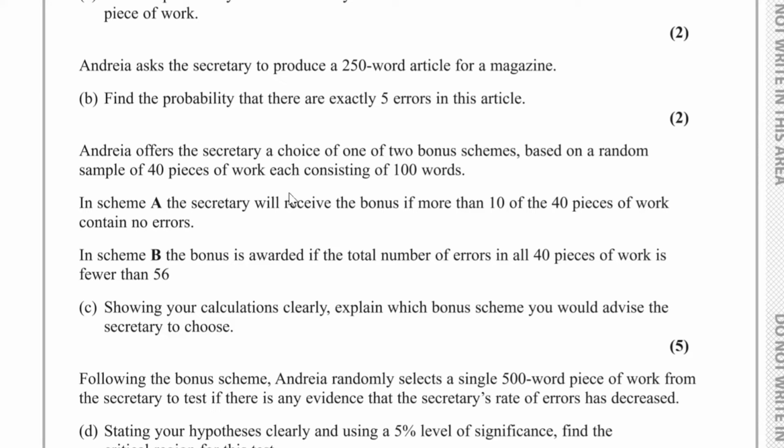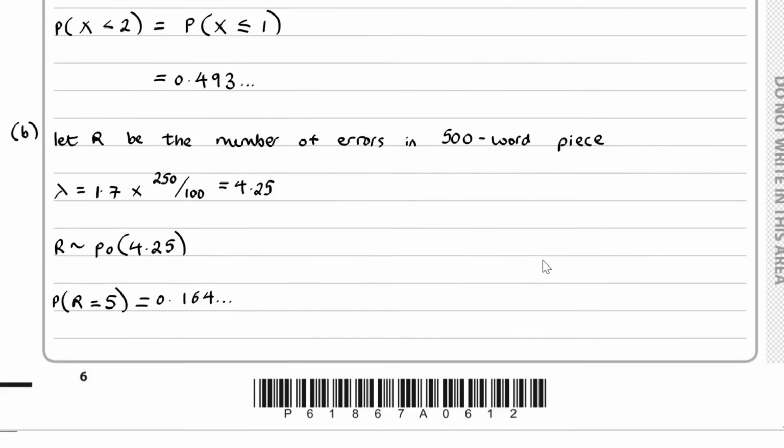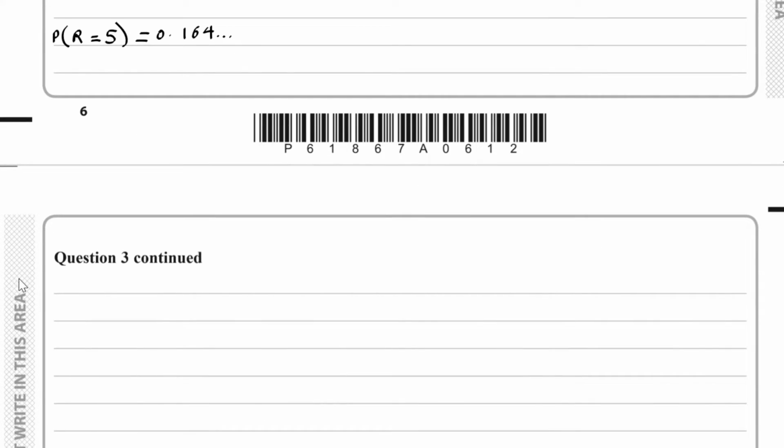So first of all, we can find out what the probability of containing no errors will be, per 100 words. And with that, we can create a binomial distribution because we have a sample of 40. And we're looking at then with scheme A, from this sample of 40, that we have more than 10. So for part C of the question, first of all, the probability that x is equal to 0, let's work this out.